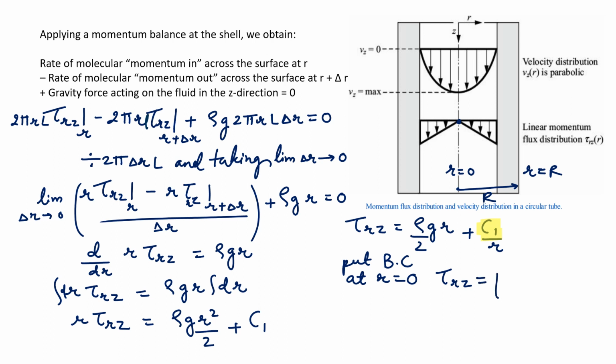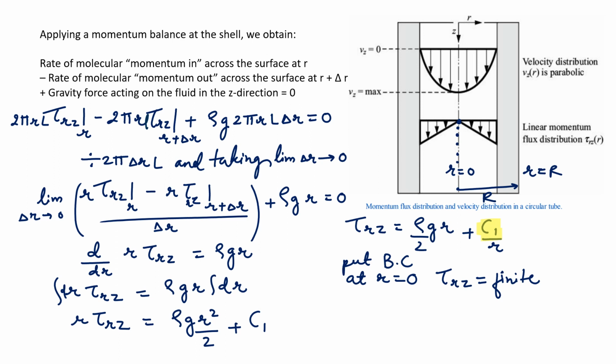It will be finite. Why will it be finite? There must be some molecular distribution, and hence a linear momentum flux distribution. So the linear momentum flux distribution is finite, increasing toward the boundaries. At r equals capital R it will be maximum, but at r equals 0 it will be some finite value.